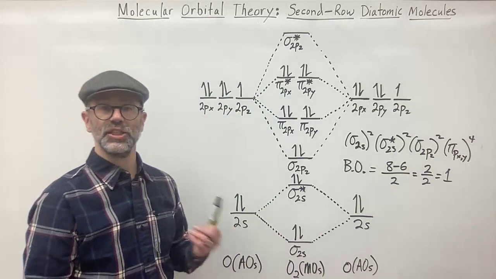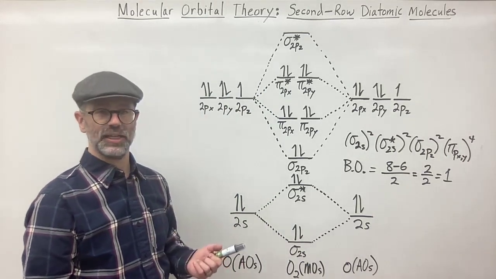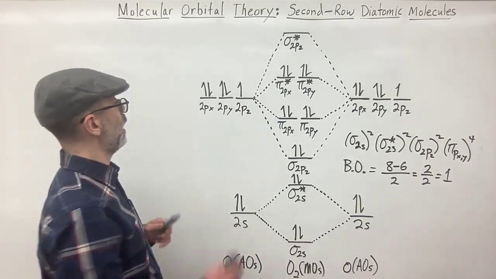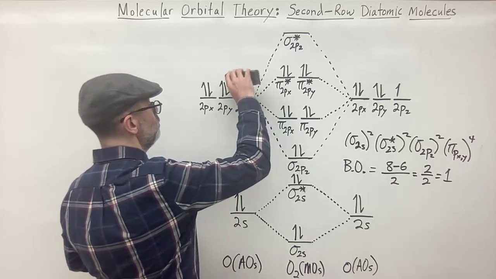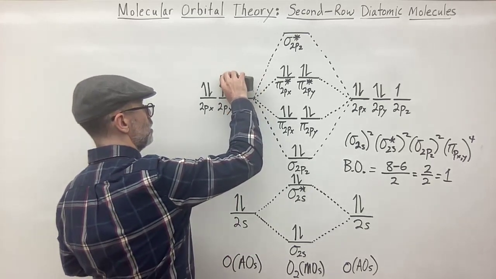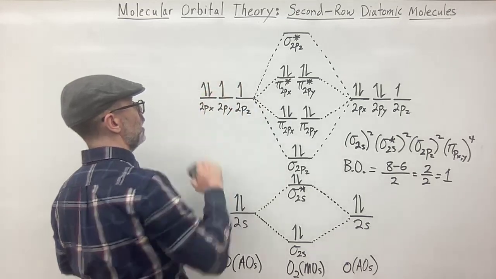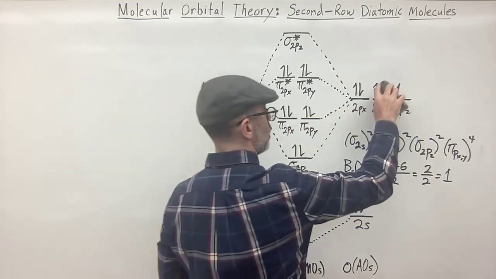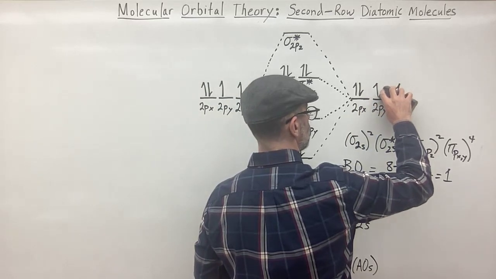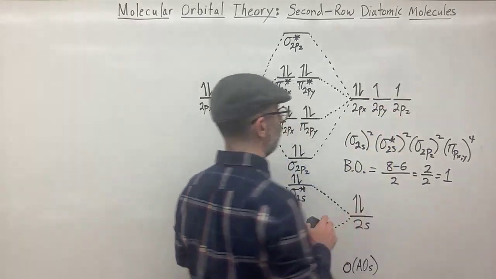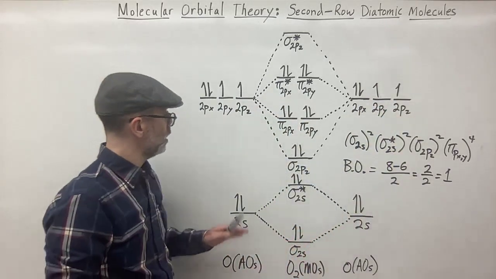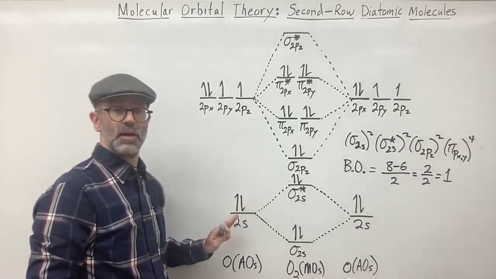So oxygen is in group 6, so it has 6 valence electrons. So we're going to have to get rid of an electron here, right? So we have less electrons paired up. So this one is gone, like so. So this is the number of electrons.